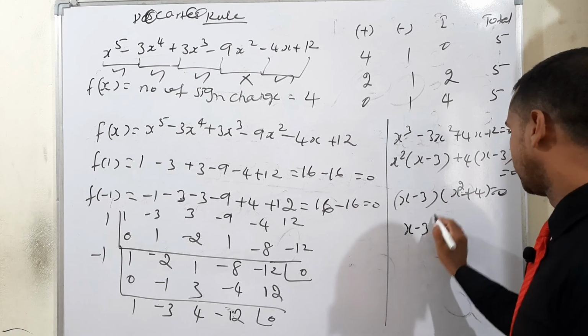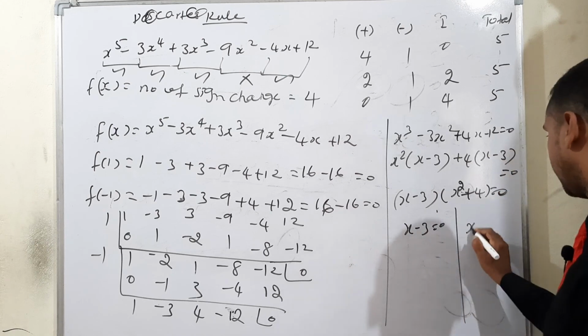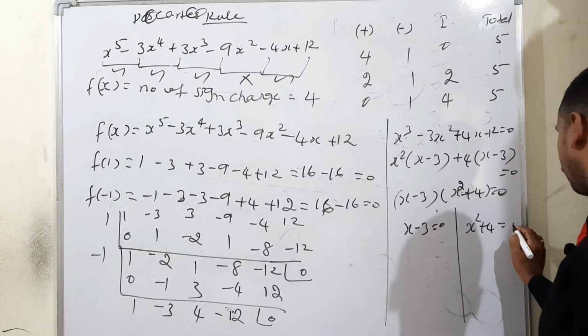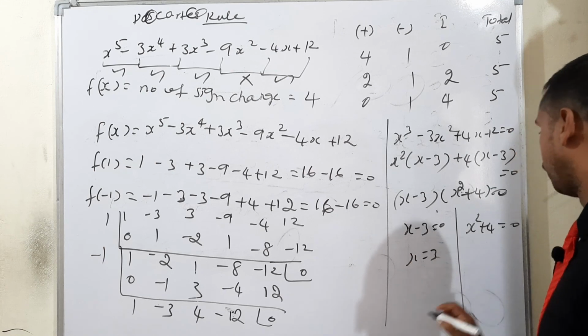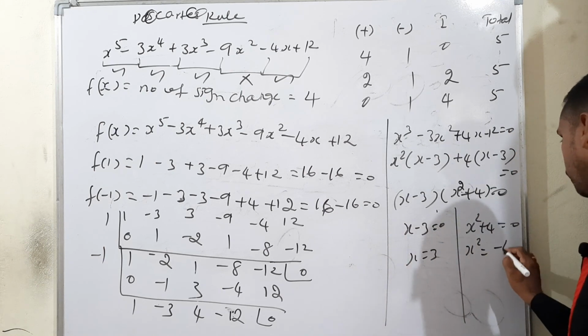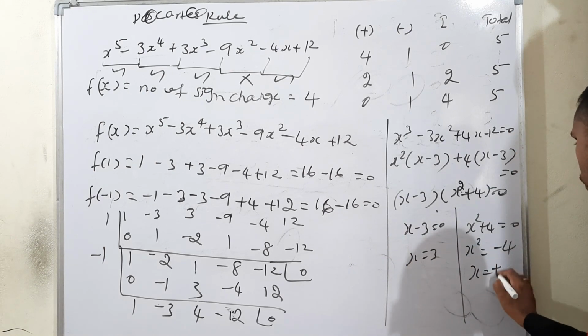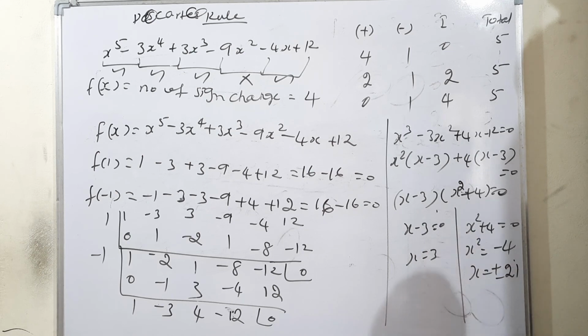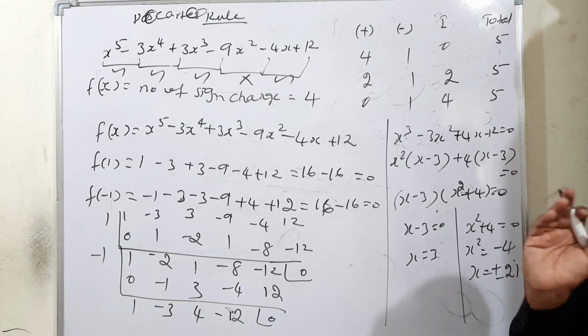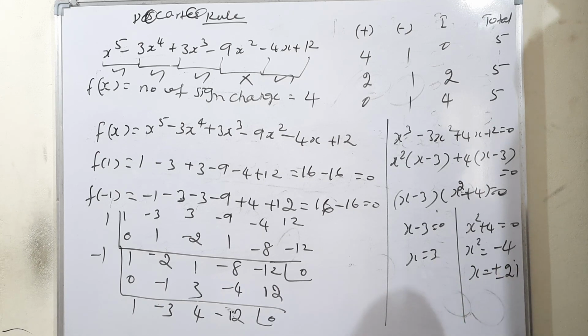Now separate term means x minus 3 is equal to 0. Next condition, x square plus 4 is equal to 0. Therefore, x is equal to positive 3. Plus 4 bring out opposite sign means minus 4. Therefore, x is equal to plus or minus 2i will come, because square root negative value means that is not a positive case, only imaginary. That's why I have written plus or minus 2i.